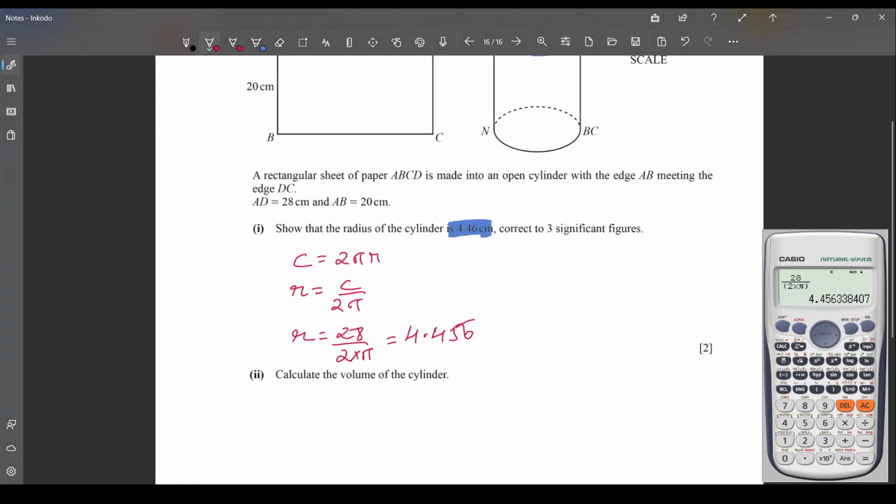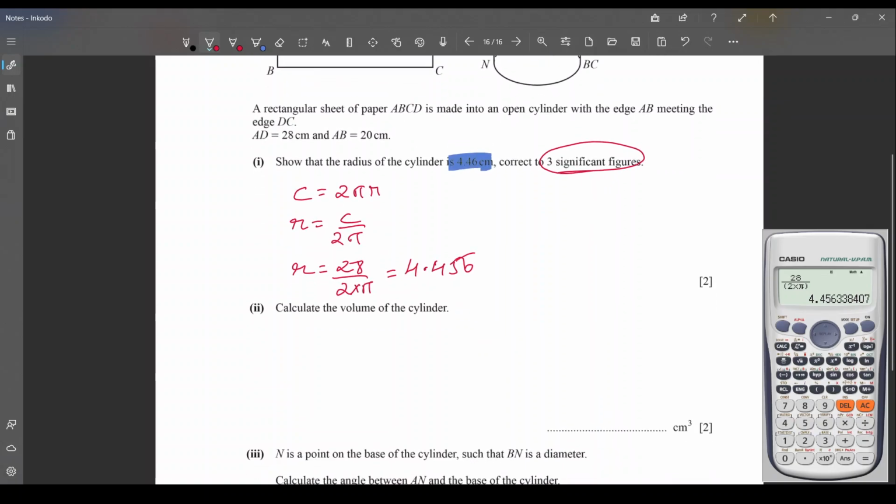This can be rounded off to 3 significant figures, so we can make it 4.46.